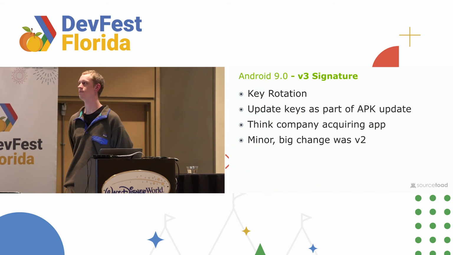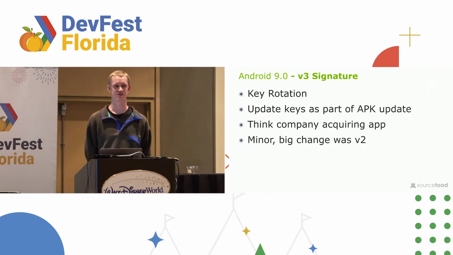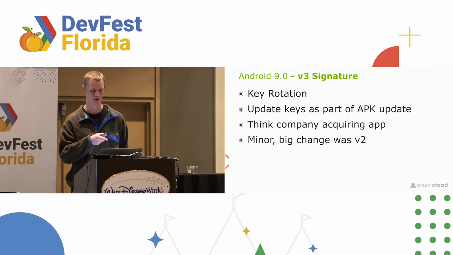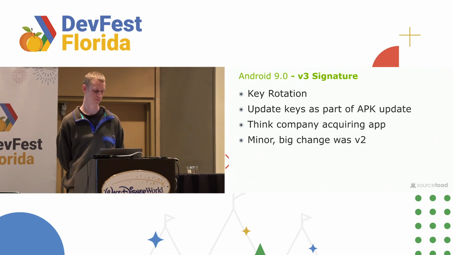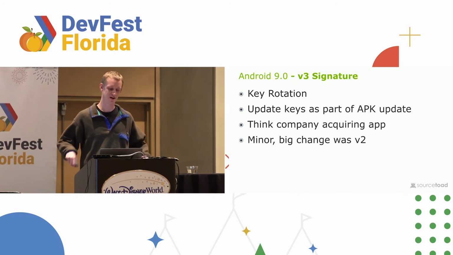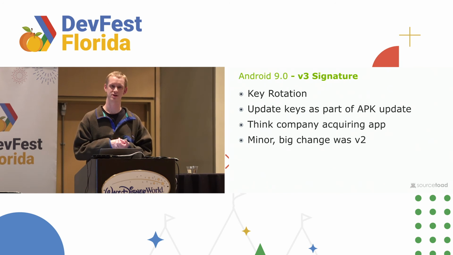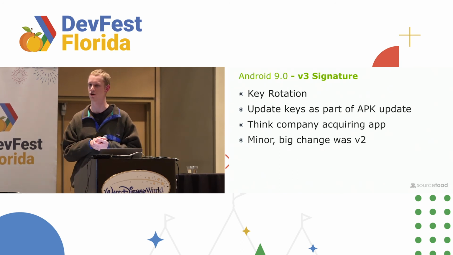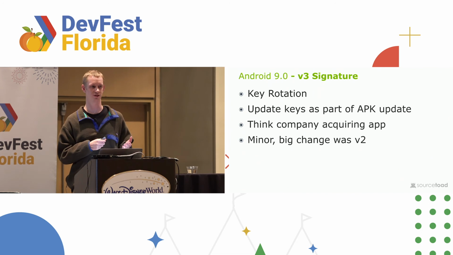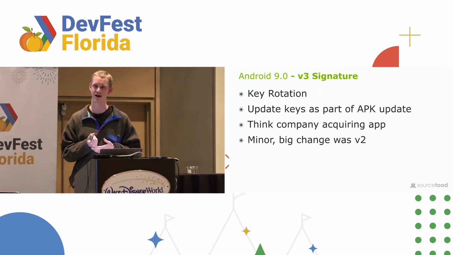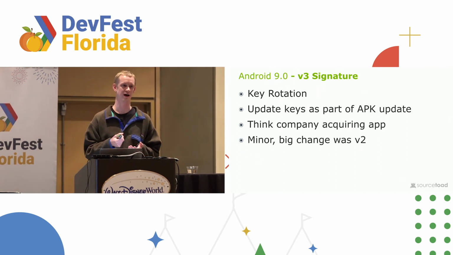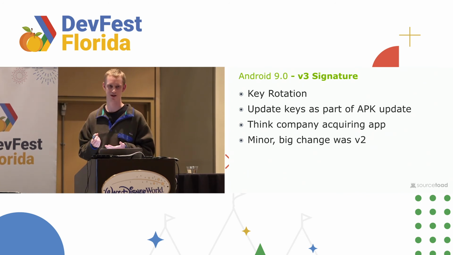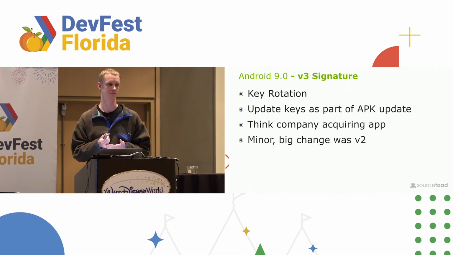So cutting it back to Android 9, they came out with this v3. And don't worry, we're almost done. To speed through this, Android 9 basically said, hey, what's happening is companies are buying other companies all the time, and there's this awkward stage where they basically have to release an app that tells you to download another app, or they have to just release a new app because the old company is not giving up their private key, and the new company can't republish the app on the same one.